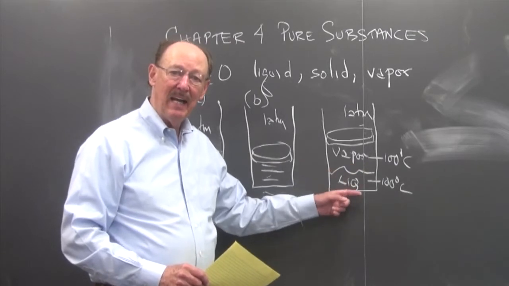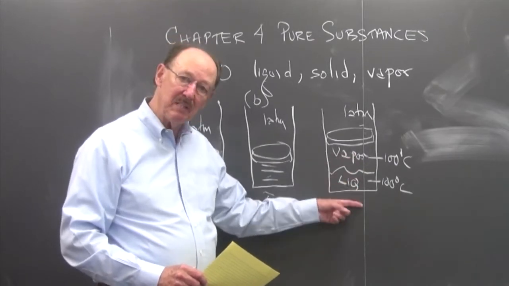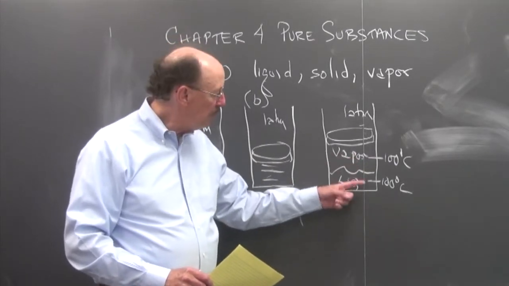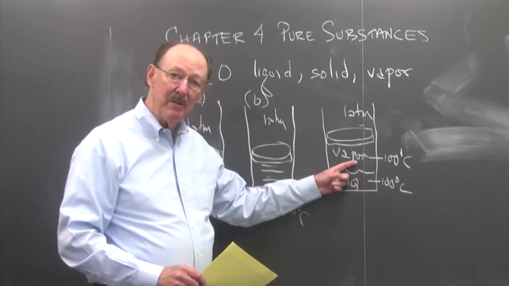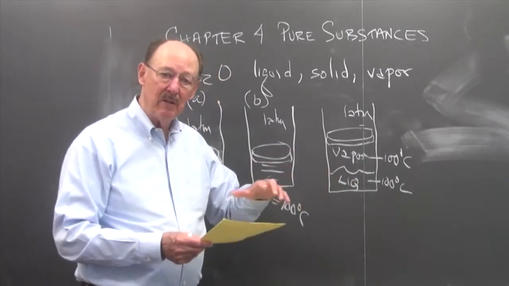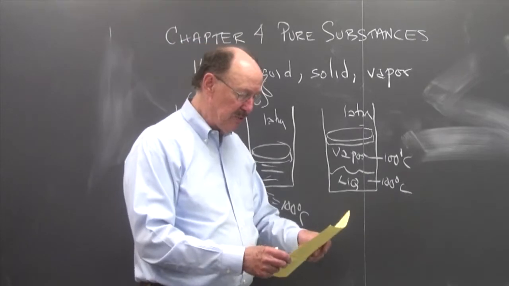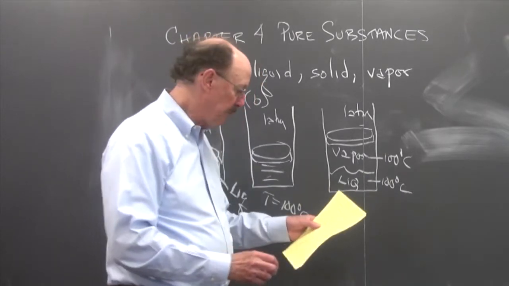If I had a different type of substance, these could be at different temperatures. So for a pure substance, liquid and vapor are at the same temperature when they're in contact with each other. This is one of the important properties of a pure substance.